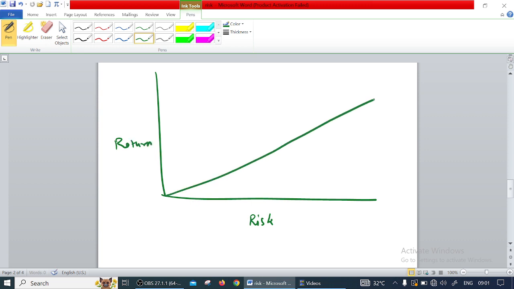And I'm just drawing that here. Here is an insurance scheme: low risk, low return, right? Then bank deposits, post office deposits: moderate risk, moderate return.